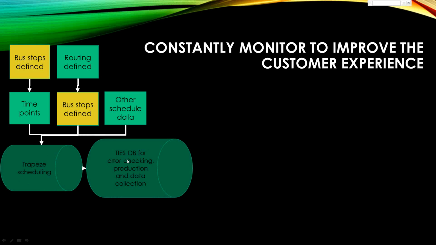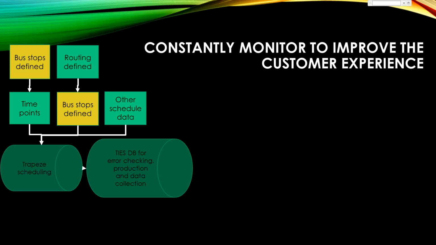And then we have a large number of validations we go through to make sure our data is accurate. And I do mean a large number, about 90 different error checks that we go through every week to make sure our data is accurate before we load it into our downstream production systems.